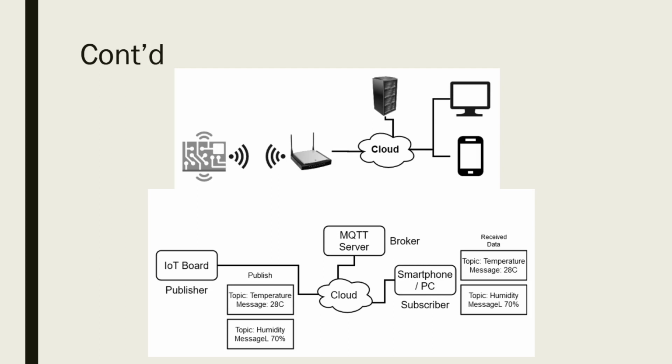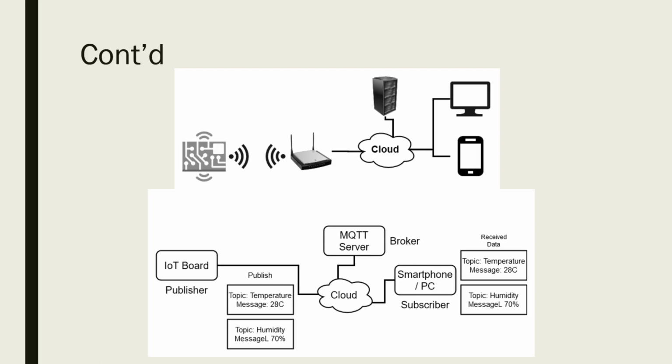The IoT board itself acts as a publisher, publishing information from the cultivation every second. The client acts as a subscriber which receives the data from the broker, and this PC or client receives the information every time the IoT board publishes it to the broker.